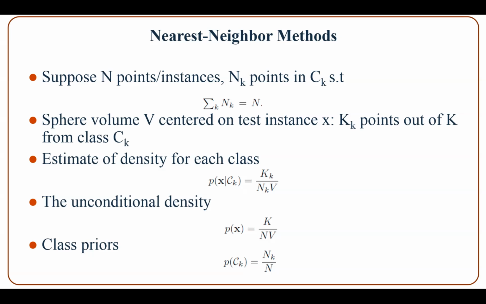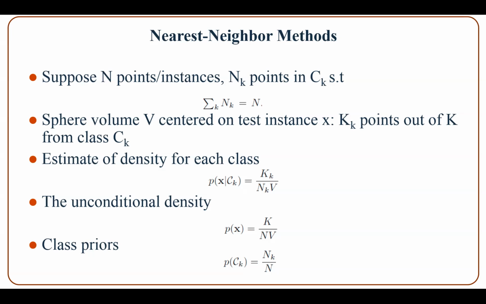And suppose that the sphere contains k_k points out of K points from class C_k. Then the estimate of the density for each class, p(x given C_k), is equal to k_k divided by n_k times V.